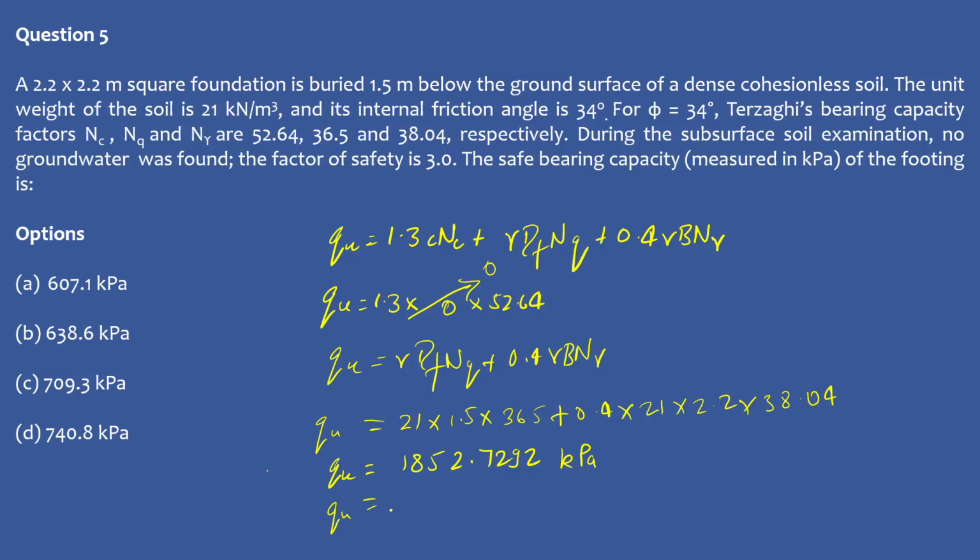So if we see the factor of safety, 3.0, and we calculate this, it's 618.